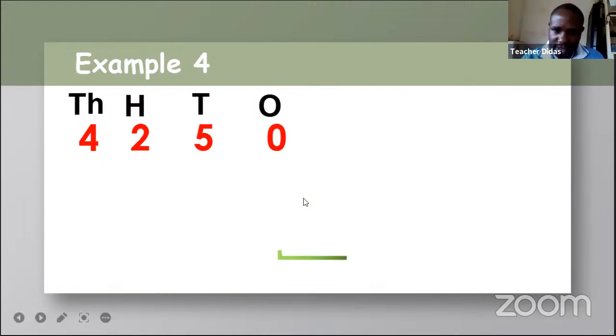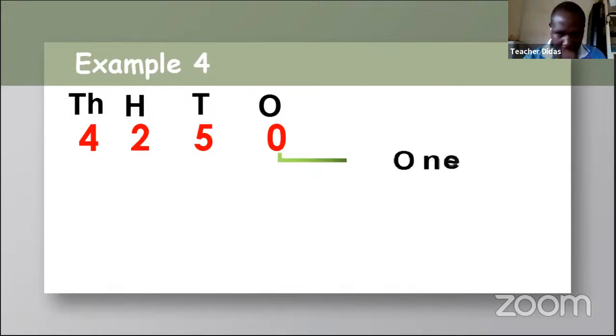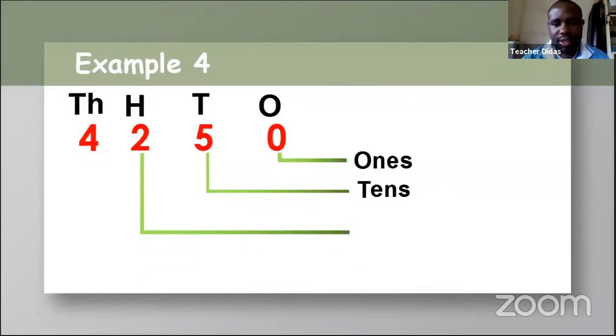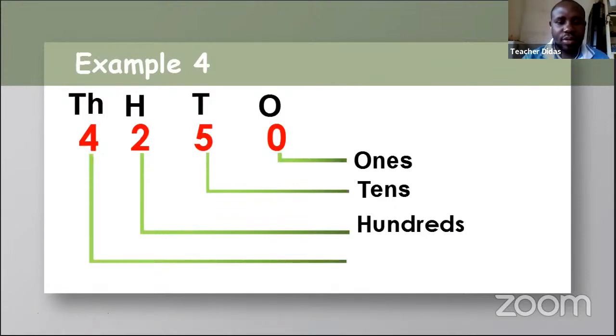Then we went ahead and said the first one is ones, the second one is tens, the third one is hundreds, and the last one here is thousands.